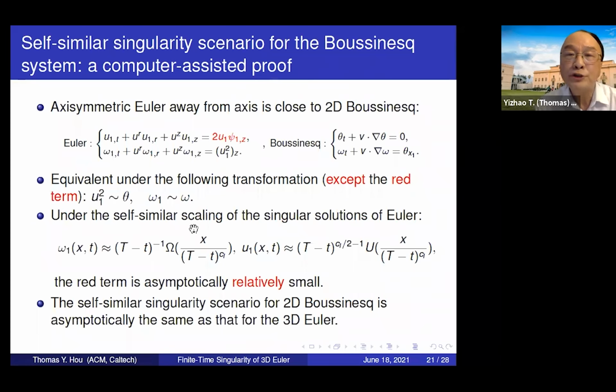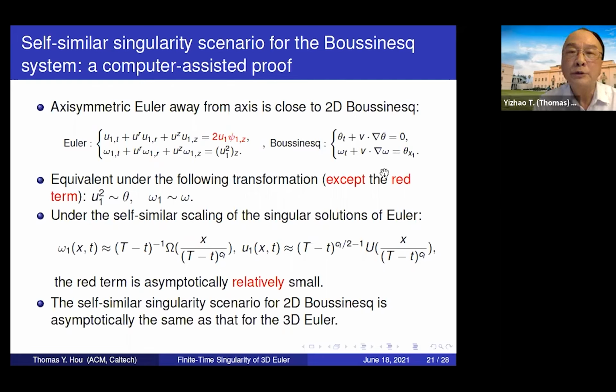So with my former PhD student, Pengfei Liu, we're trying to develop a program to see if we can rigorously prove what we observe with Guo Luo's scenario, because computationally we find it very easy to reproduce, very robust, the blow-up, and it seems to be very convincing. So we make an analogy between the 3D axisymmetric Euler and the 2D Boussinesq equation, because the singularity occurs at r = 1, not at r = 0.